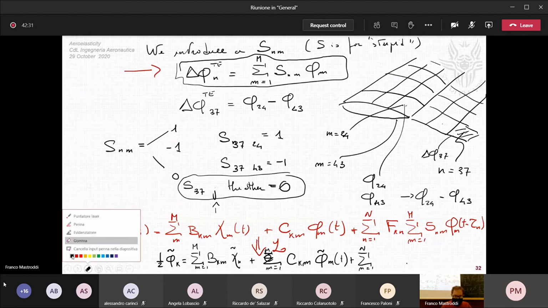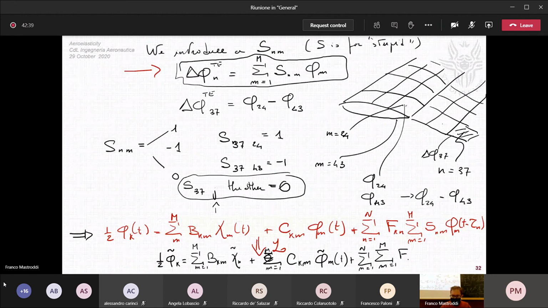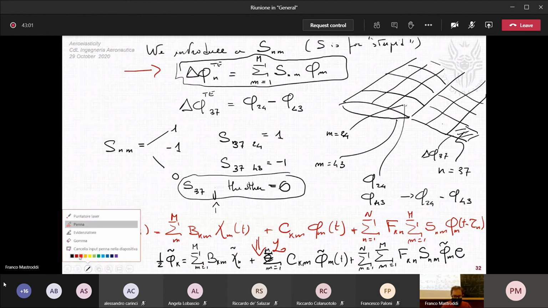We have summation and summation for m running from 1 to capital M, f_kn, n like Naples, please, and S_nm, like Naples and Milan, by phi tilde_m by e to the power, finally, s, the Laplace variable, tau_n.